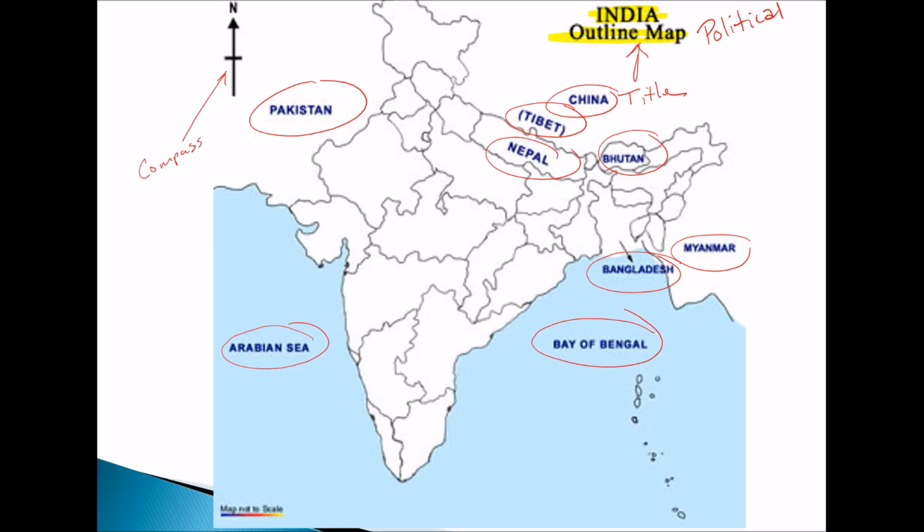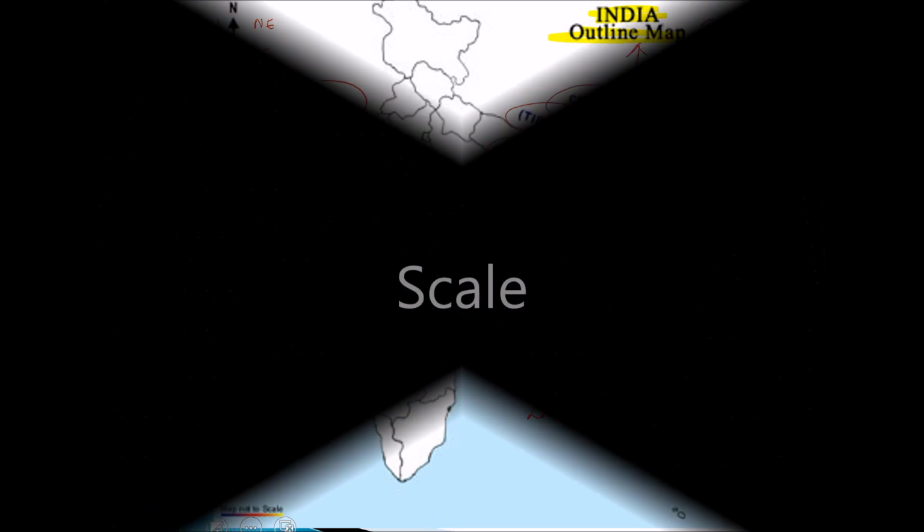But we know east is over here, south is here, and we know west is here, and we know this is northeast, southeast, southwest, and northwest. So, we have our title, we have our labels, and we have our compass right here on our example.